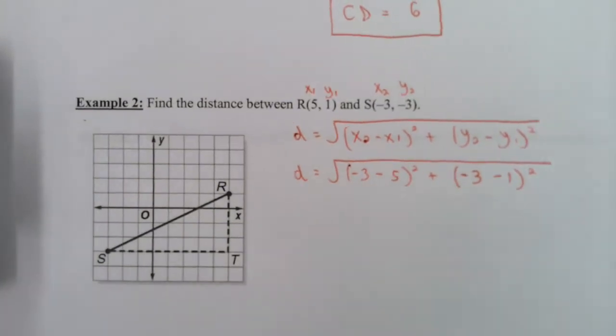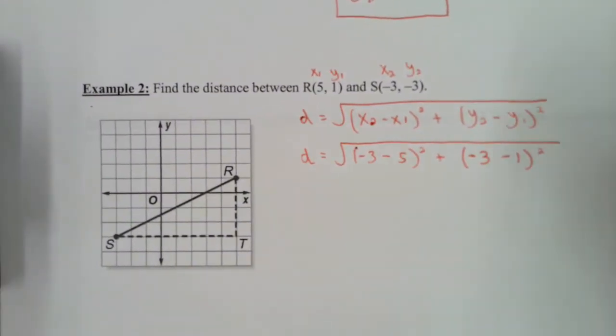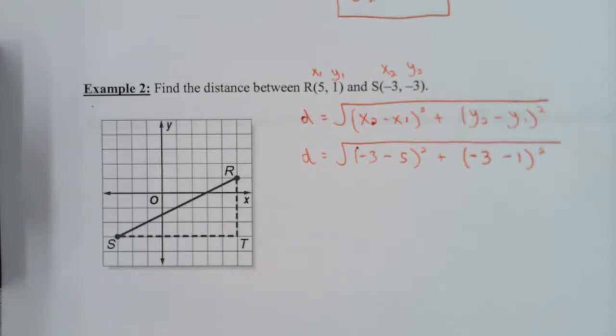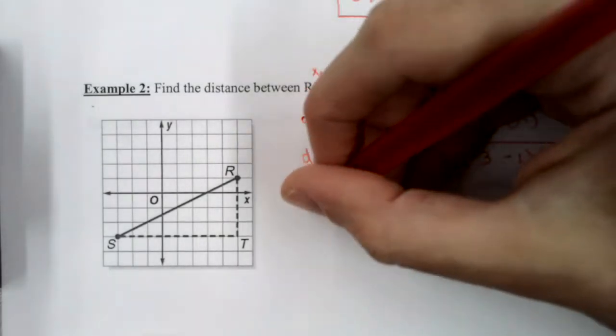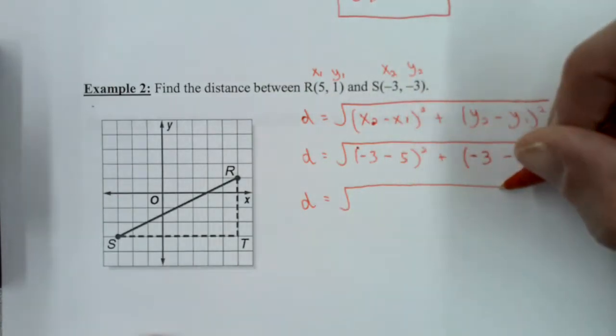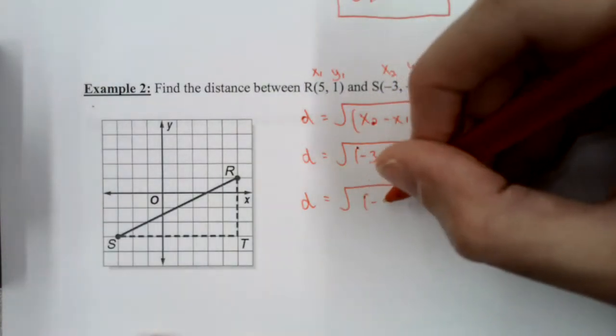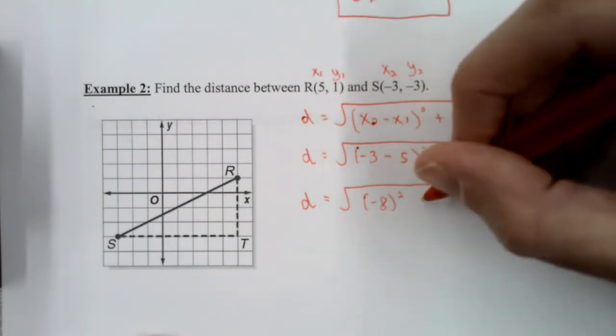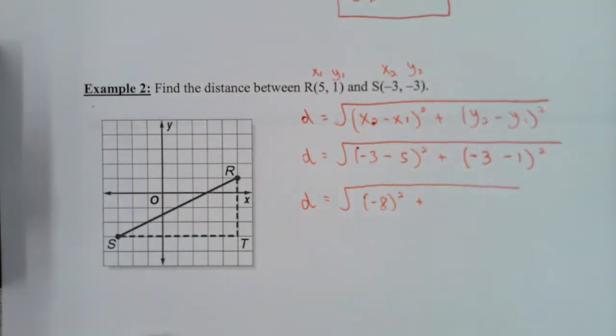And now let's do the subtraction, order of operations. Negative 3 minus 5 is negative 8. Negative 3 minus 1, that's negative 4.